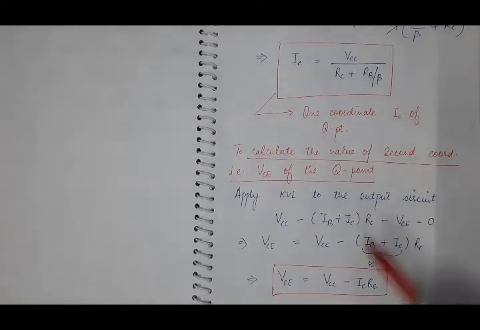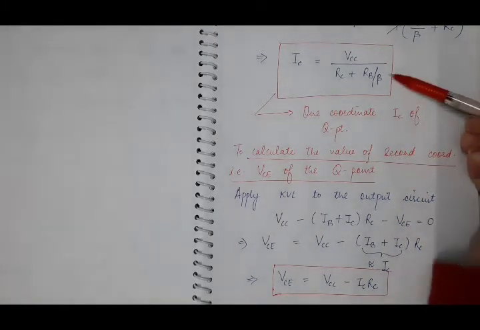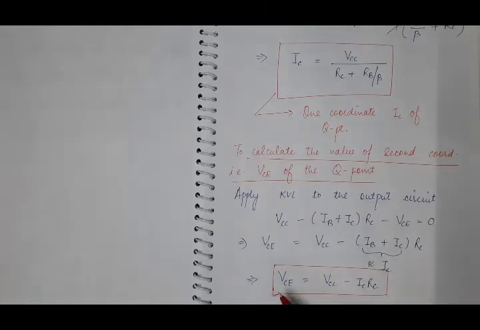When you put the value of this IC into this equation, you will get the second coordinate of the operating point, that is VCE. But again, this method provides stabilization, but it doesn't provide permanent stabilization to the transistor, because still this IC depends upon the beta value.